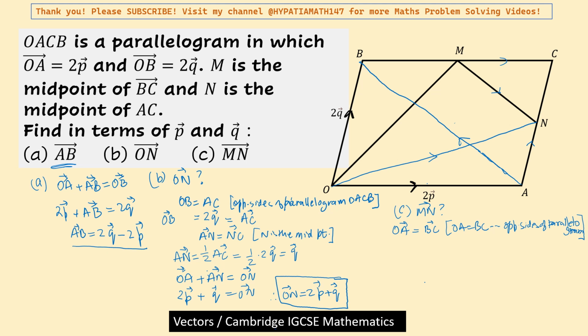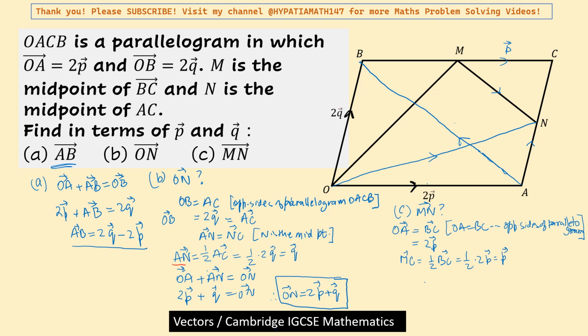So BC would be equal to twice of P. Now M is a midpoint, so MC is half of BC, which is half of twice of P, equal to P. So MC we know is P, and AN is equal to NC.